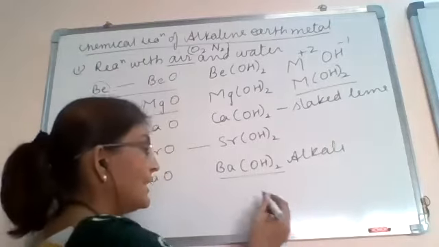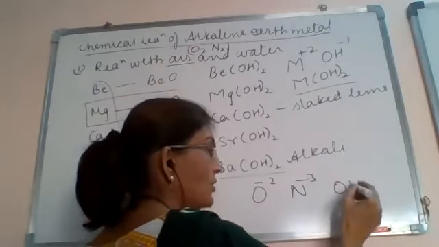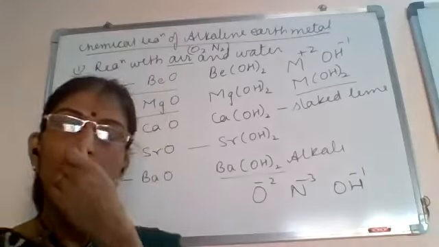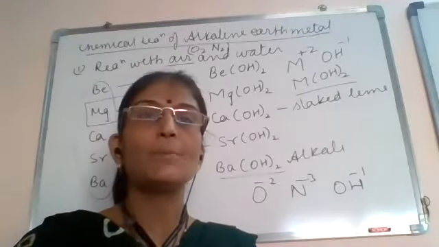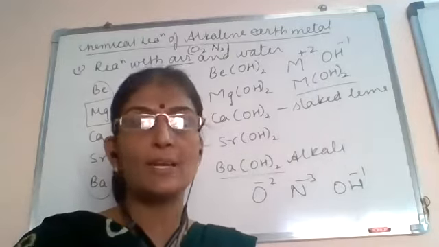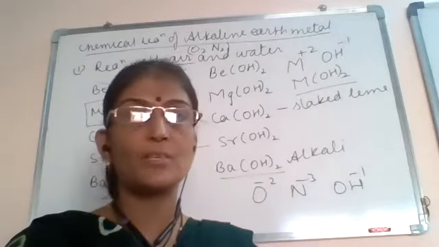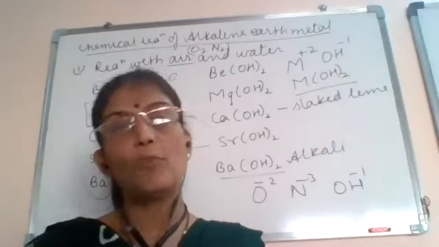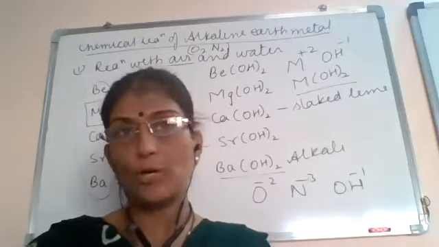Oxide की valency -2, nitride -3, hydroxide -1. सब जगह यही होता है, फिक्स होता है. ऐसा नहीं है कि बेरिलियम ऑक्साइड है तो ऑक्सीजन -2 वैलेंसी है, मैग्नीशियम नाइट्राइड में नाइट्रोजन का वैलेंसी -3 है, बाकी किसी में नहीं होगा. No, it's not so. Valencies are fixed. So if we remember the valencies, then we are able to write chemical formulas. So this is the first reaction, with air and water.